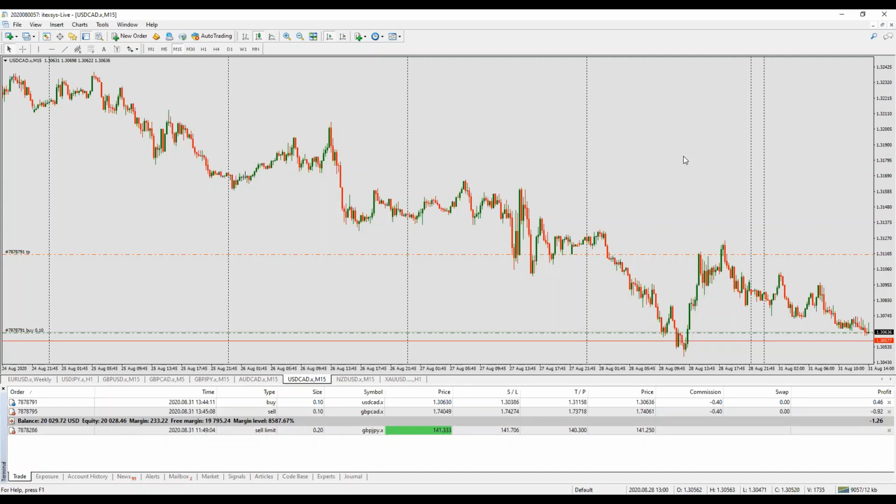Of course, I will take a few minutes to overview a few pairs and see if there is any upcoming opportunity for trading. For now, if we find some, at least I will open some positions.